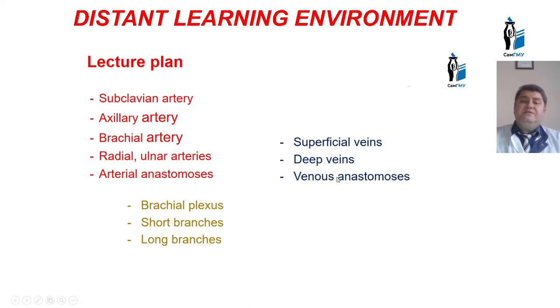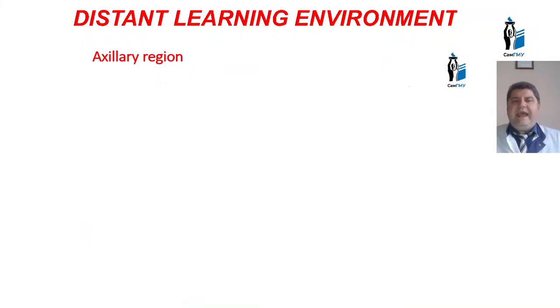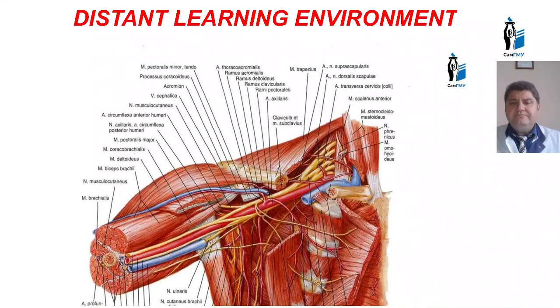At last, we will talk about nerves, the difficult part of morphology, of anatomy, and in detail we'll talk about the formation of the brachial plexus, the somatic nerve plexus, and also about its short and long branches. Let's start. First we can see the axillary region here.